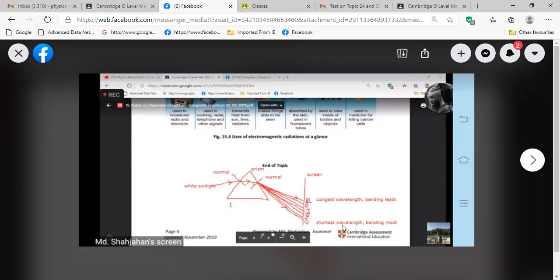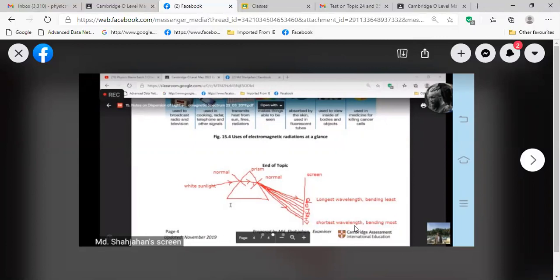Okay, so what is written here beside violet? Shortest wavelength, bending most. If it is the shortest wavelength, then it will have more frequency, right?